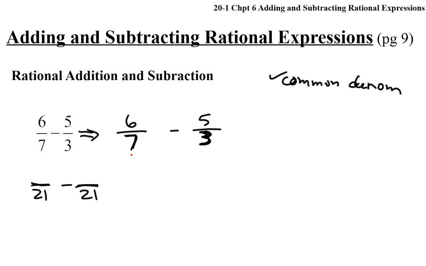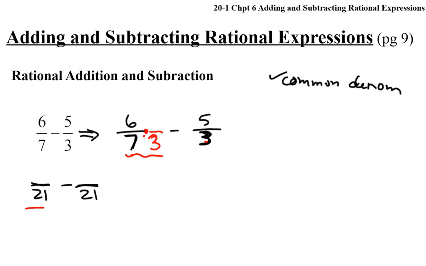Well, we have the 7, but not the 3, so we need to include a 3 over here. But if I include a 3, well, what's the math that sort of has to be done with that? That's the question. I want to add something, and what can I add? Well, in terms of math, if I multiply by a 3, 7 times 3 is going to give us our 21.